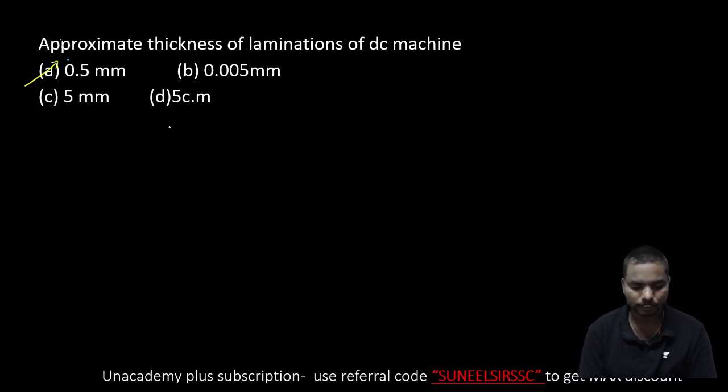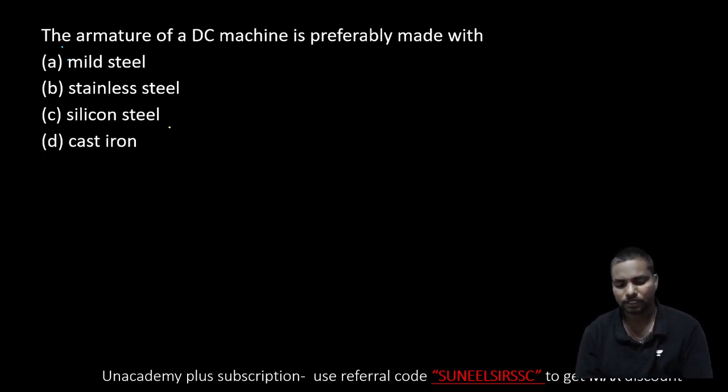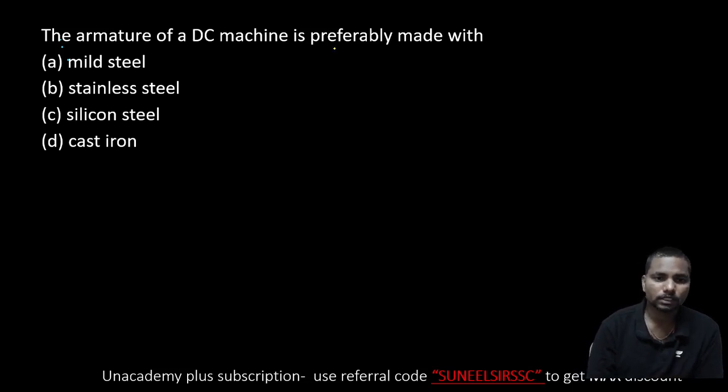Coming to the next question, guys. The armature of DC machine is preferably made with a dash. So the armature has to be laminated. We use a laminated armature core, and to reduce the hysteresis losses we go for silicon steel. If you add the silicon content, it's a silicon steel, and the X value is 1.6.